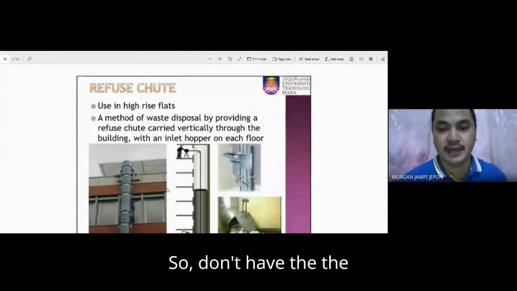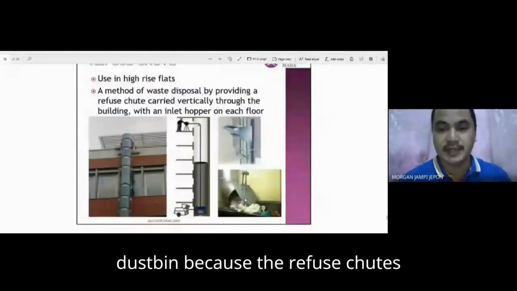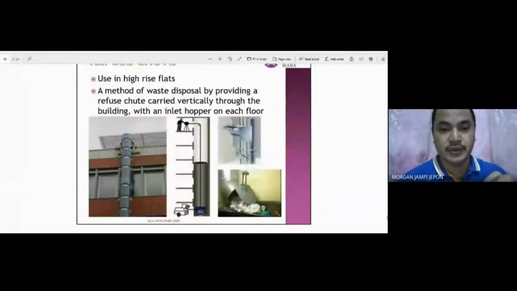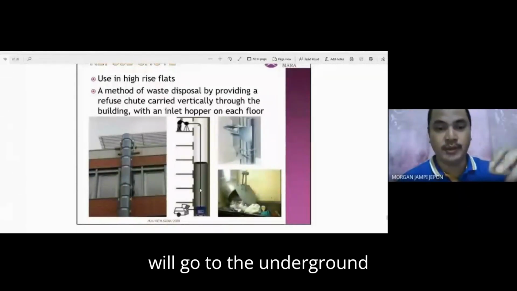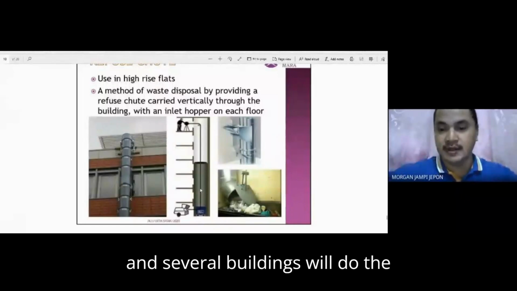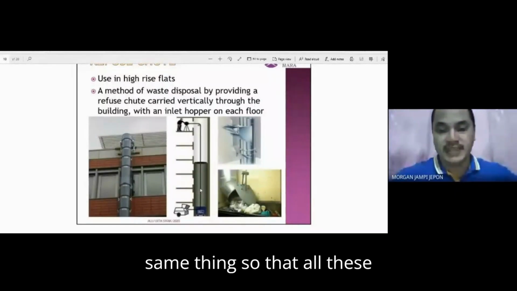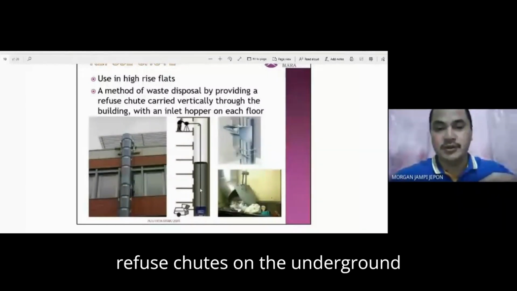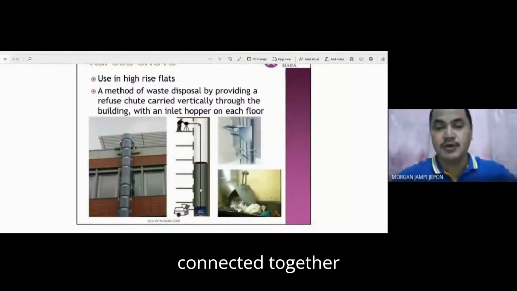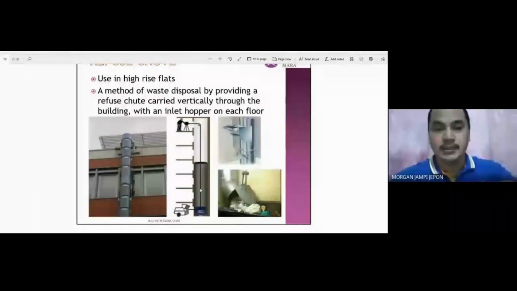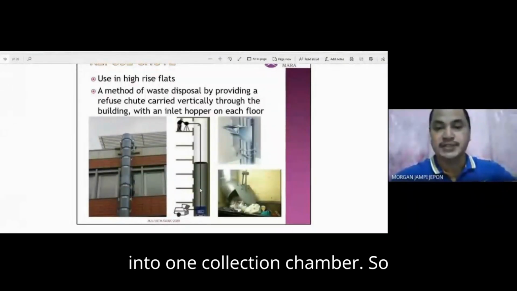There is no dustbin, because the refuse chute goes underground, and several buildings do the same thing, so that all these refuse chutes underground are connected together into one collection chamber.